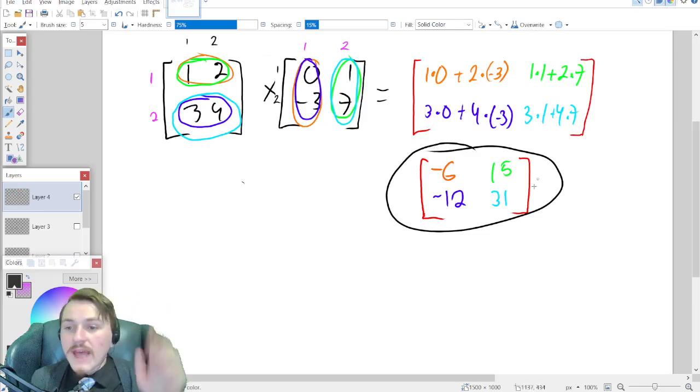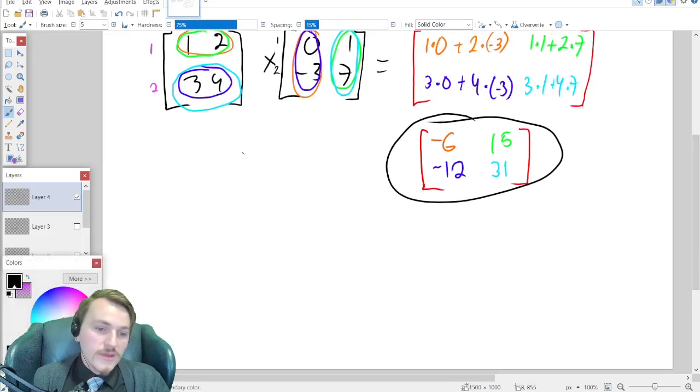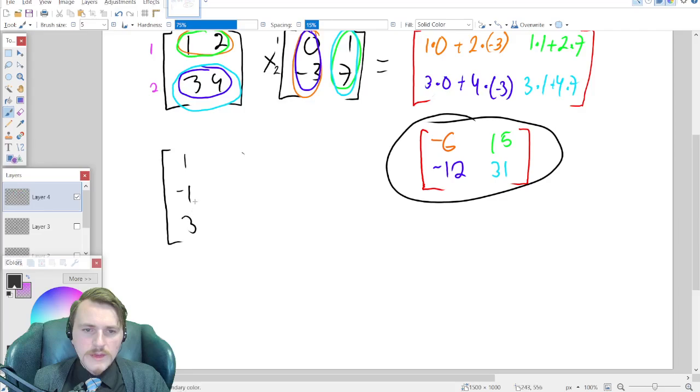We can repeat that for other matrices, right? Now let's try to do this with matrices that might look a little bit odd. Maybe we'll do that with, what about this matrix? 1, negative 1, 3 times 2, 4, negative 3.